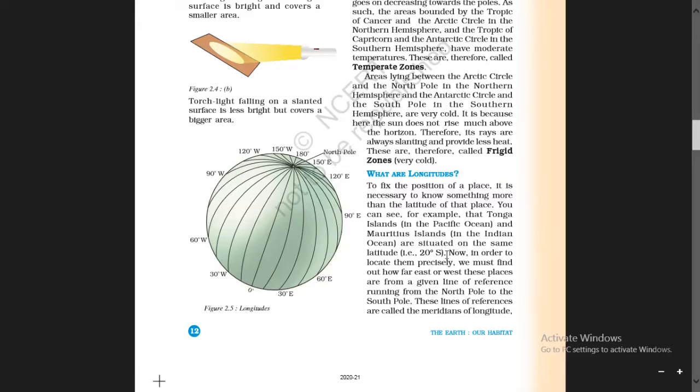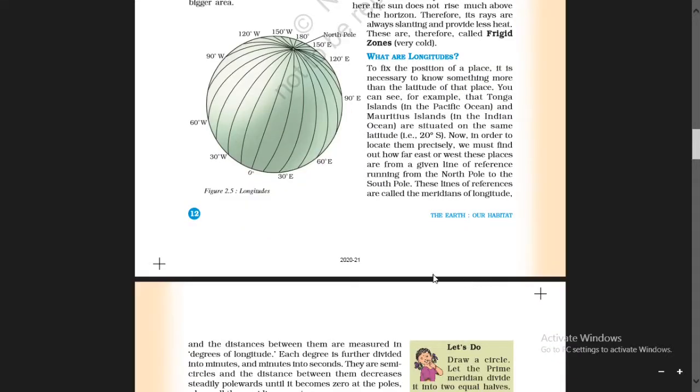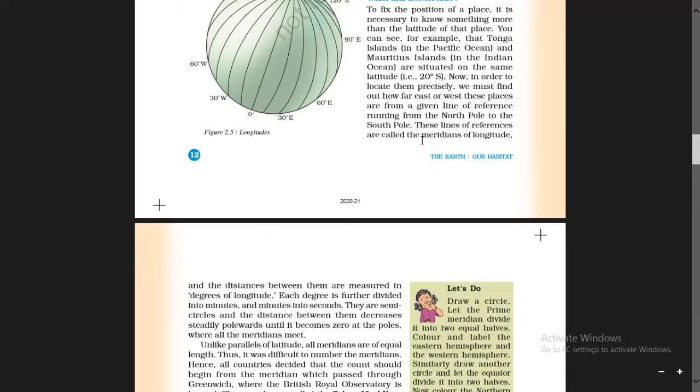Now, in order to locate them precisely, we must find out how far east or west these places are from the given line of reference running from the North Pole to the South Pole. These lines of reference are called the meridians of longitude.